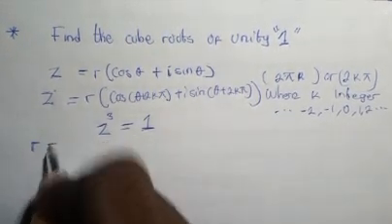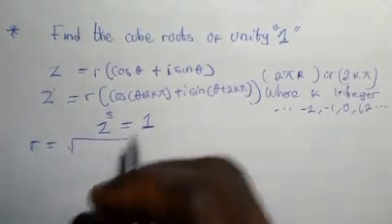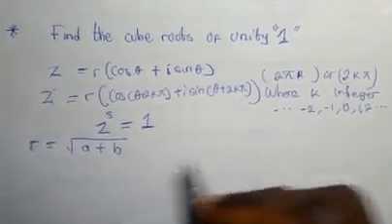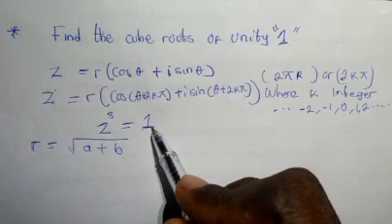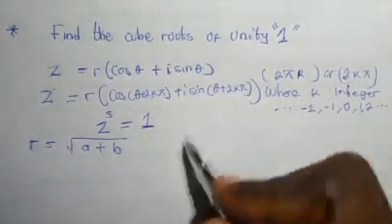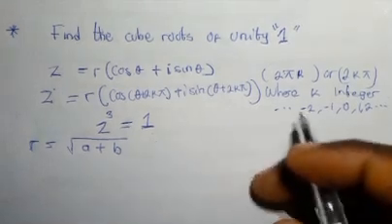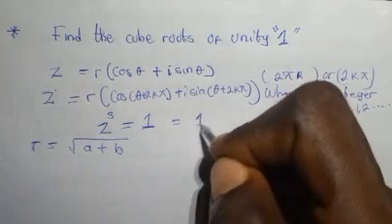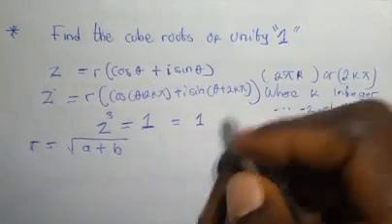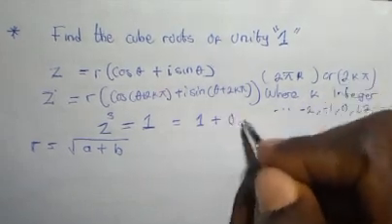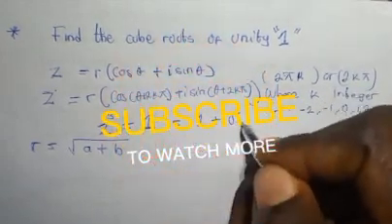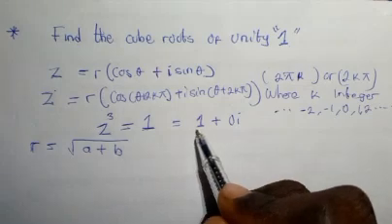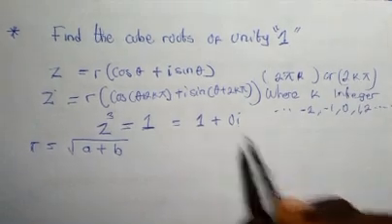We all know that r is equal to root of a squared plus b squared, and we can rewrite this in the form of complex numbers as 1, since 1 is a real number, plus 0 iota. So 0 iota is going to give us 0, and we'll be left with 1. So 1 is the same thing as 1 plus 0 iota.